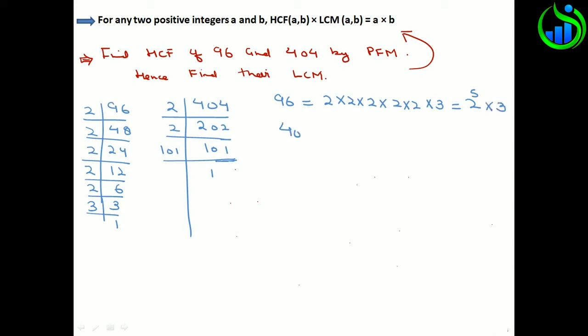Then 404 is 2 into 202, 2 into 2 into 101, which is equal to 2 raised to the power 2 into 101.